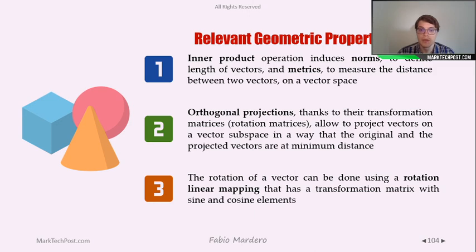Third, we've seen that the rotation of a vector can be done using a rotation linear mapping, and in particular its transformation matrix, the rotation matrix, contains sine and cosine elements.